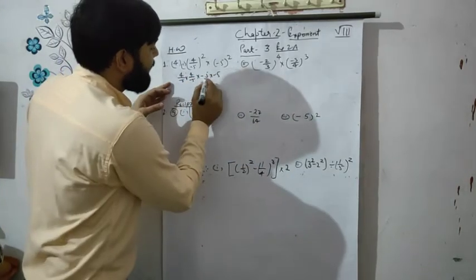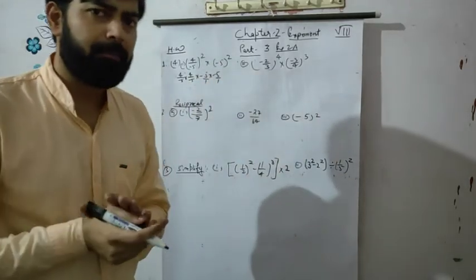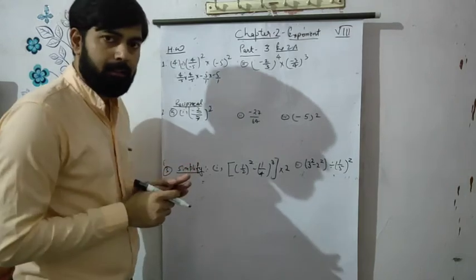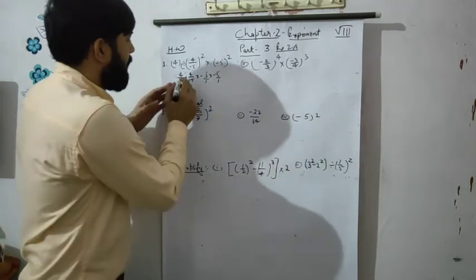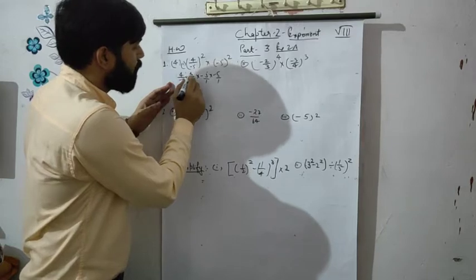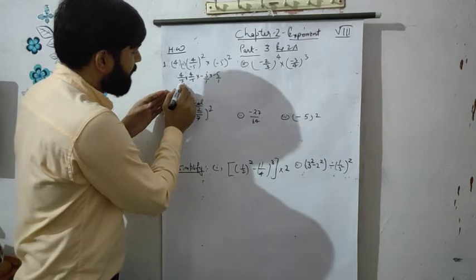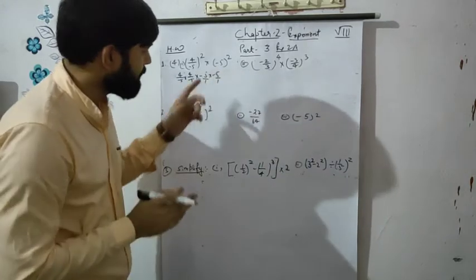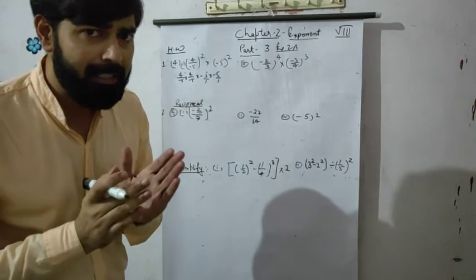So we can write each minus 5 with denominator 1. Then observe the numerators and denominators of all the fractions. Here is 4 numerator, here is 4 numerator, here is minus 5 numerator, here is minus 5 numerator, here is minus 5 denominator, here is minus 5 denominator, here is 1 denominator, here is 1 denominator. Any denominator or numerator divisible by each other?